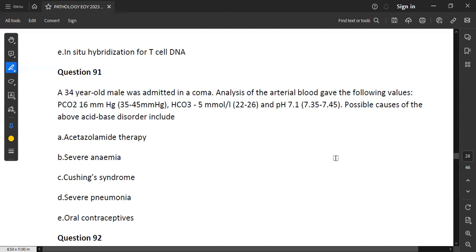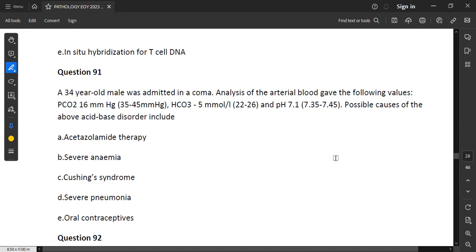In metabolic acidosis, a person tends to have more hydrogen ions in the body, so the rate and depth of respiration is increased. They'll hyperventilate, which reduces the PCO2, so this reduction of PCO2 is a compensatory mechanism of the body.